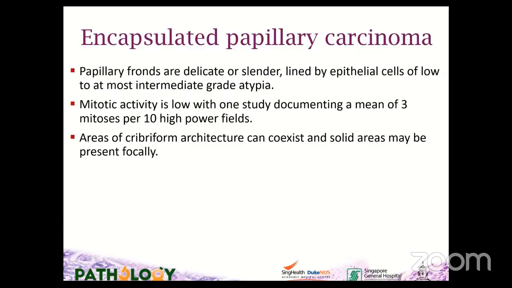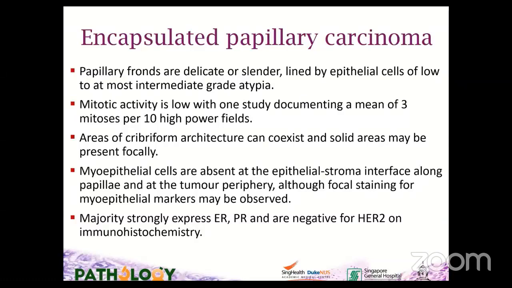In encapsulated papillary carcinoma, the papillary fronds tend to be delicate or slender and lined by epithelial cells of low to at most intermediate nuclear grade. Mitotic activity is also low, with one study documenting a mean of 3 mitoses per 10 high power fields. Areas of cribriforming can coexist, and solidification may also be observed.